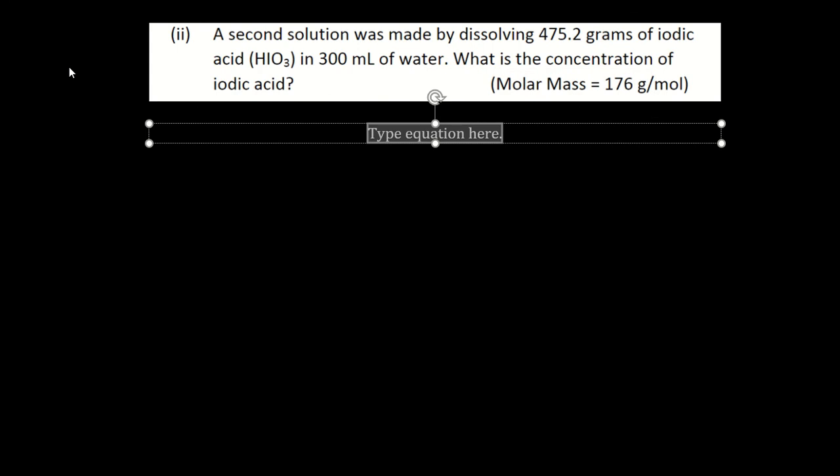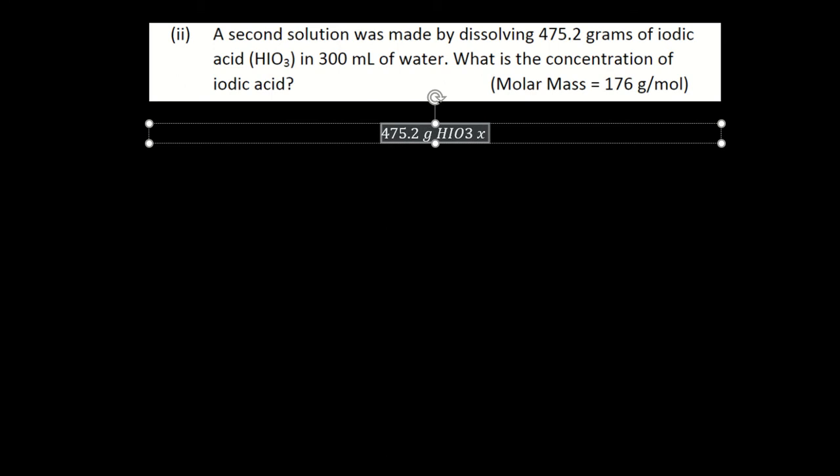Essentially what's being asked is, a second solution was made by dissolving 475.2 grams of iodic acid in 300 milliliters of water. What is the concentration of iodic acid in this solution? All right, cool. Same as before. We know that there are 475.2 grams of iodic acid, HIO3.